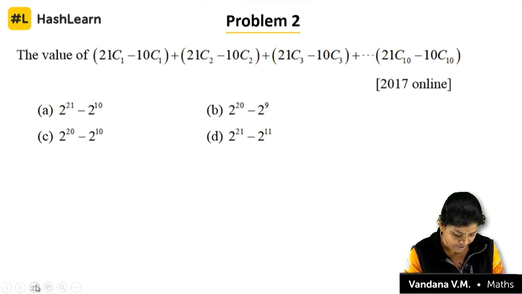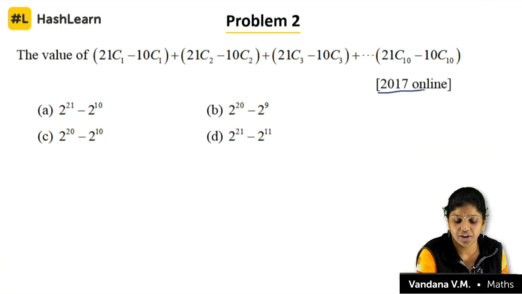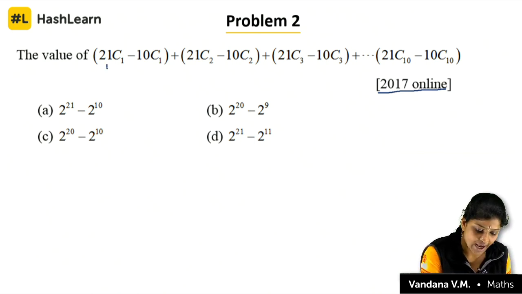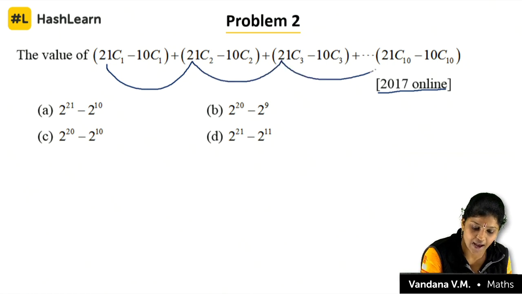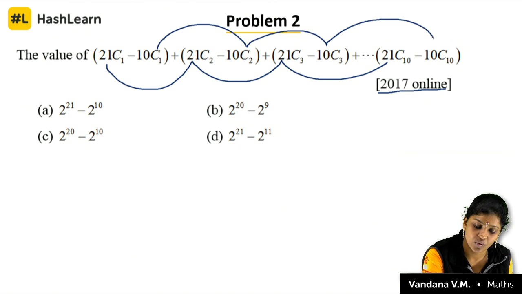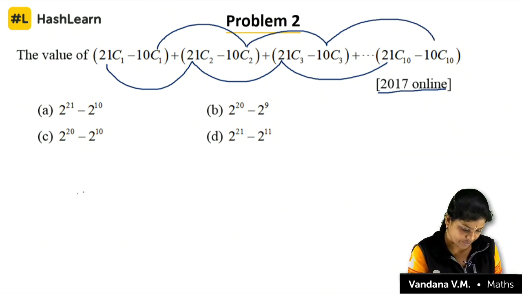So, this is also a very interesting question, you see. This is a 2017 online question also. Now, by seeing the pattern itself, I understood. I can pair this as one set, this as one set. Let me write first.